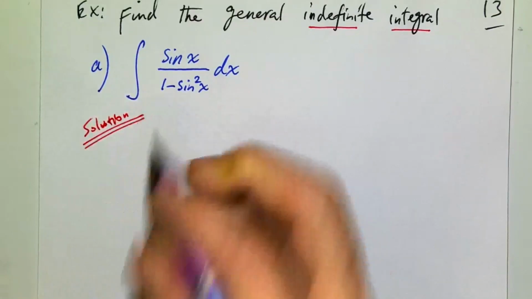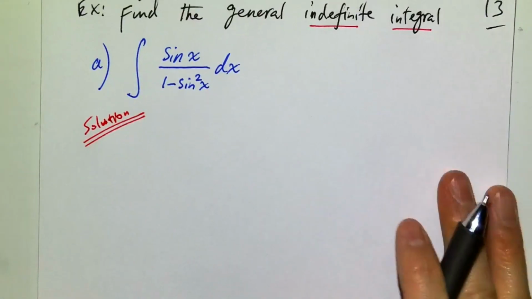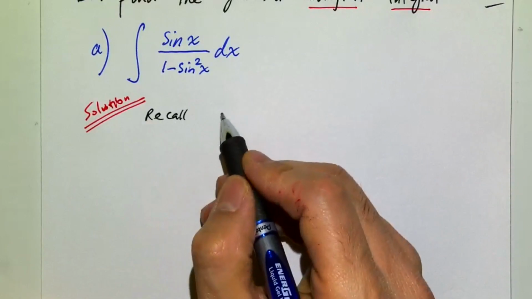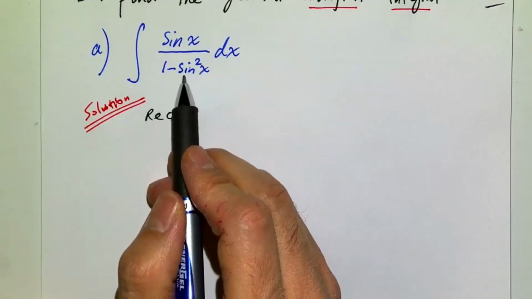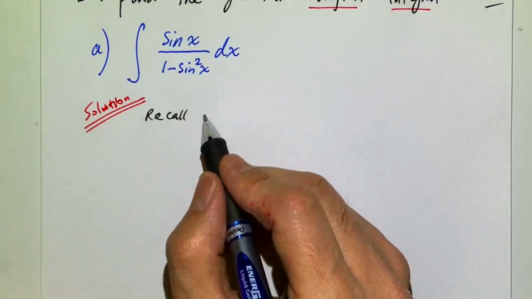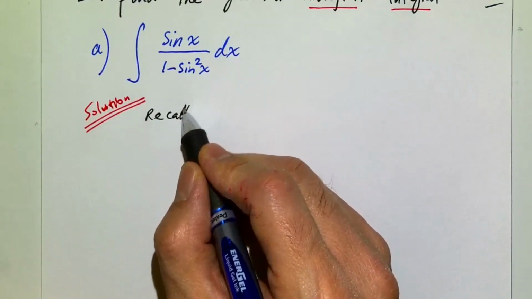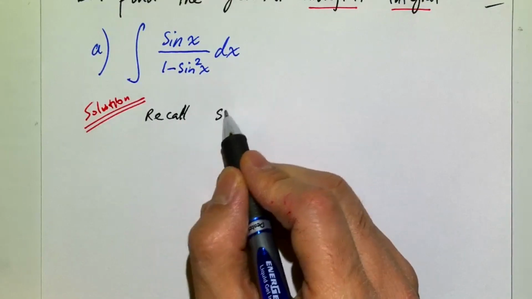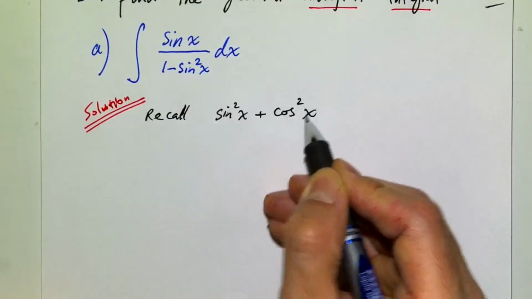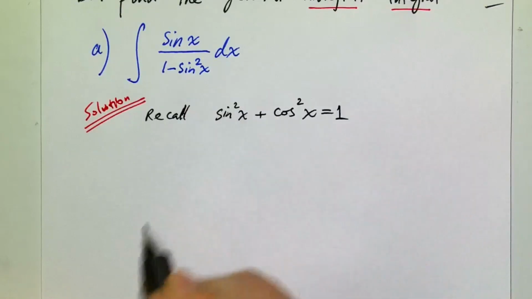So I'm assuming you've done that. So recall, this denominator should remind you of one of the squared identities that we have, right? In trigonometry, we learned about those. So recall that sine squared x plus cosine squared x equals 1.